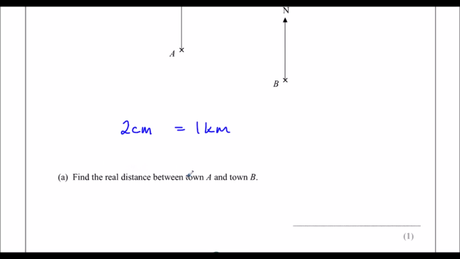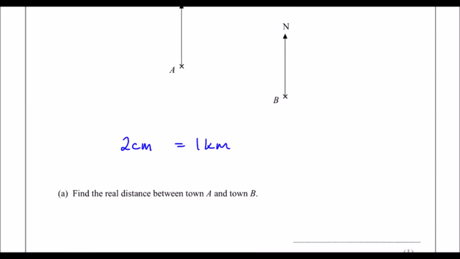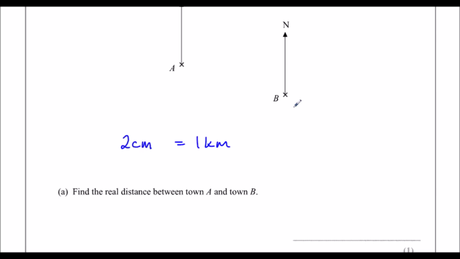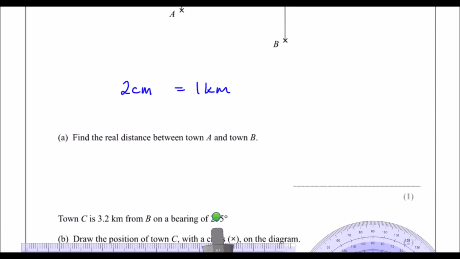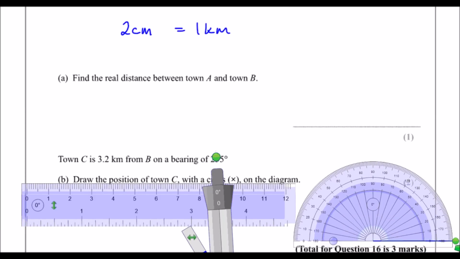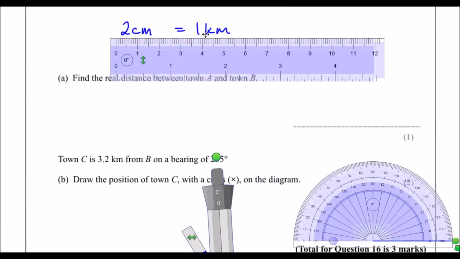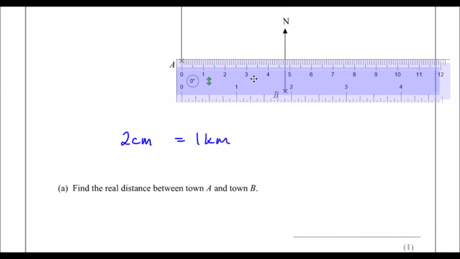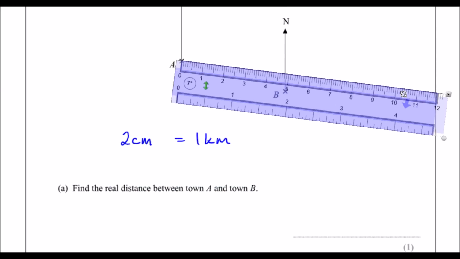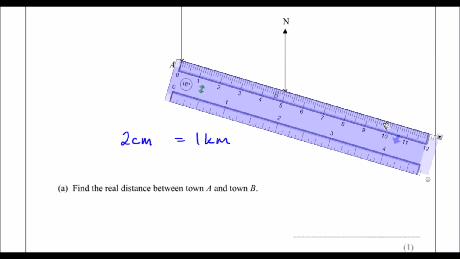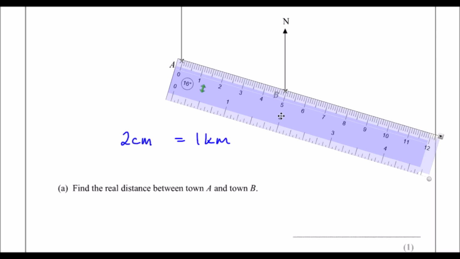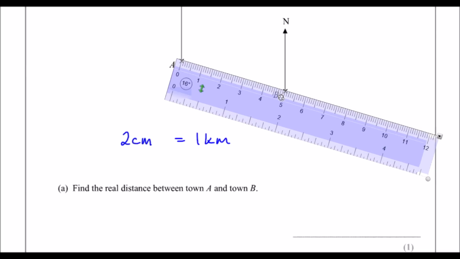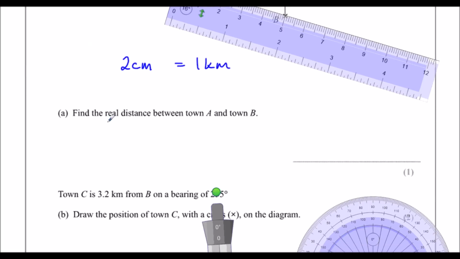Find the real distance between town A and town B. So we need to measure the distance between A and B, and then use our scale to change it into the real distance. So we can see from the ruler, we grab the ruler, measure the distance between A and B, and we've got 5 centimeters.